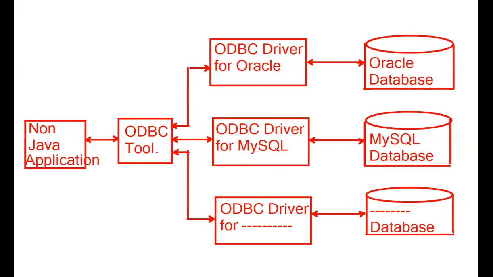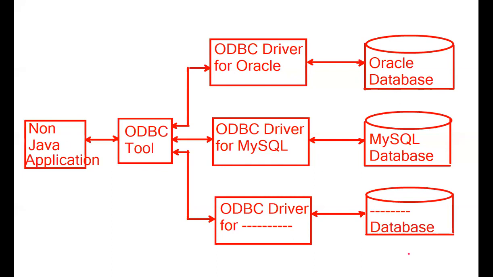Before Java, these drivers were already there. Before Java, how did they develop applications with other languages? Non-Java, other than Java. C, C++, Visual Basic, and earlier Smalltalk, Ada, Simula, Perl. So many languages were there. Using those languages, they developed applications connected to a database.